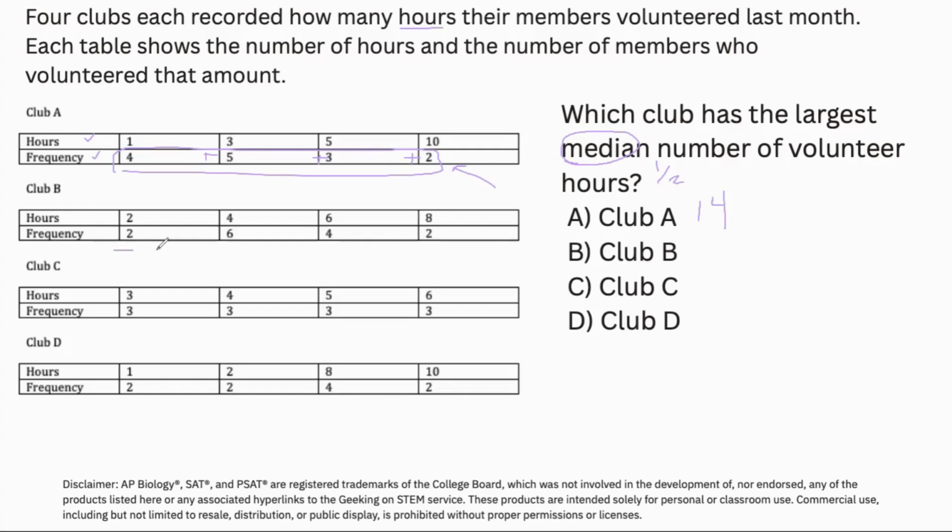You would do the same thing for Club B, and you would get 14. For Club C, you would take the sum of that, and you would get 12. And for Club D, you would get 10.